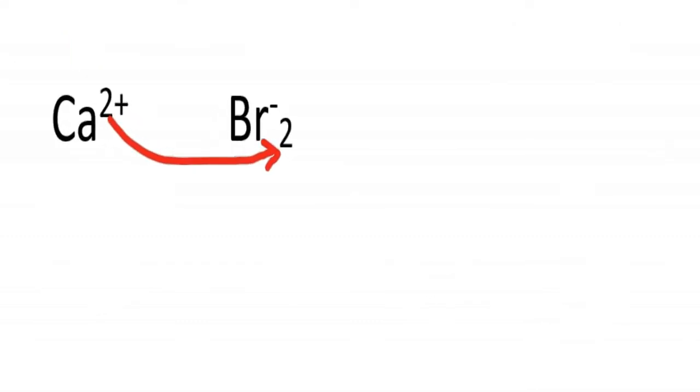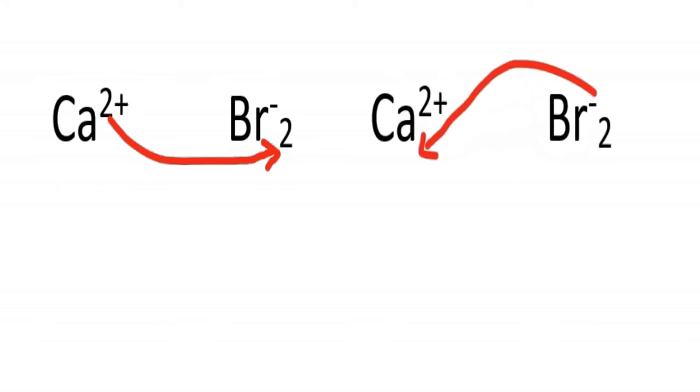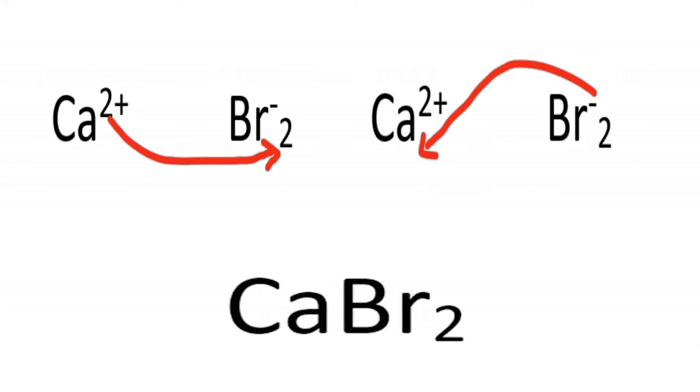We just write the number. We don't need the charges, so let's get rid of those charges. And we don't usually write 1 minus. Always remember that. And so, the chemical formula of calcium bromide is CaBr2.